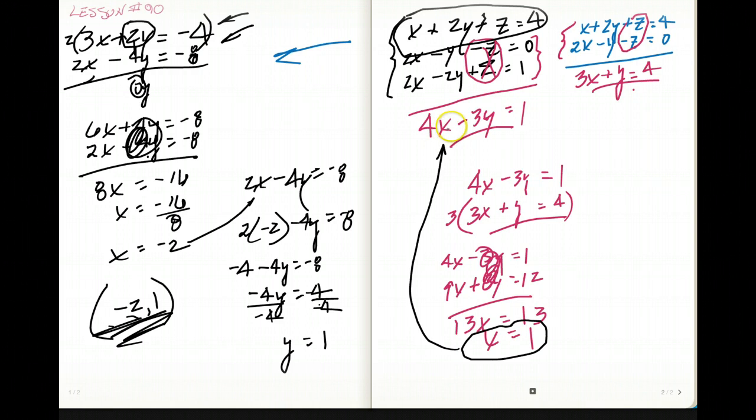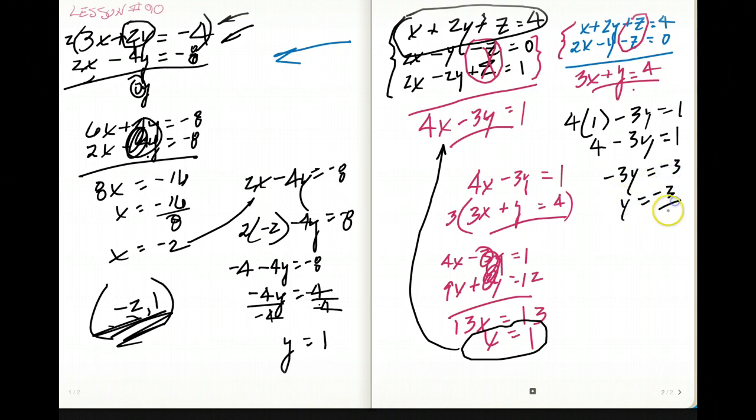So what I do is I pick an equation that has just two variables, and I put that 1 in for my x, and that allows me to solve for y. Minus 3y, y equals 1. Subtract 4 from both sides, and y equals negative 3 over negative 3, and that means y equals 1. Okay, so I got y equals 1 and x equals 1.